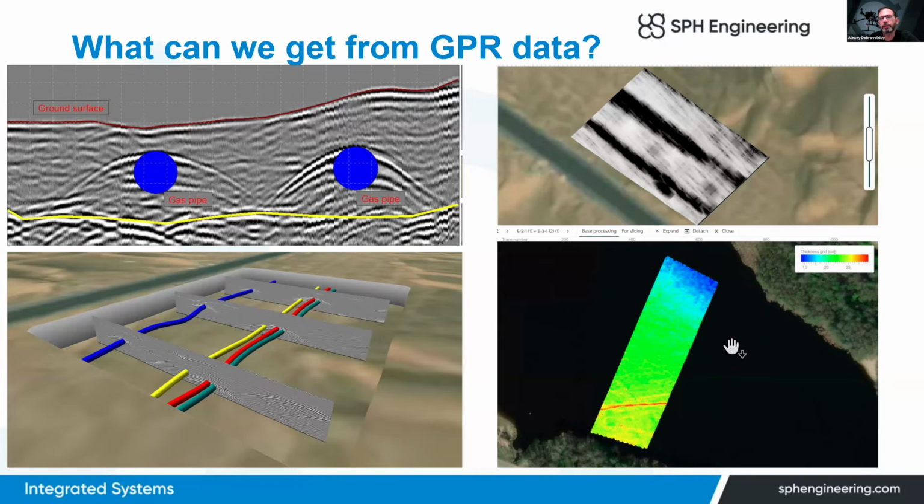In that particular case, it is a thickness map of ice covering a lake close to our office. So we can profile the ice, we can generate a colored picture of the ice thickness, or we can export an XYZ file with the thickness of the ice.